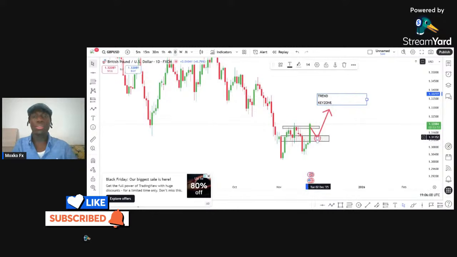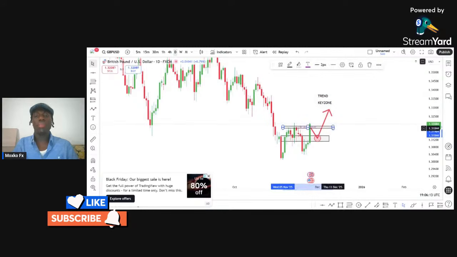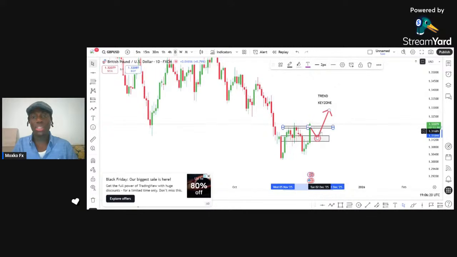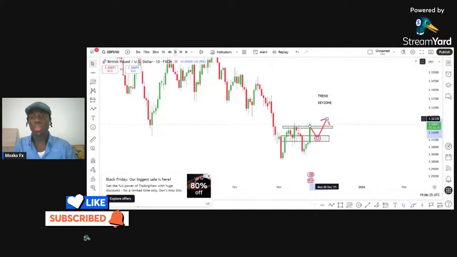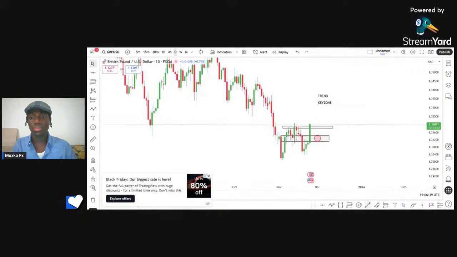And our second bias on GU, because the market is full of probabilities, meaning that anything can happen. The market has the final say. If this prediction doesn't play out, our next prediction is for price to break this key zone, this resistance, to the upper side.